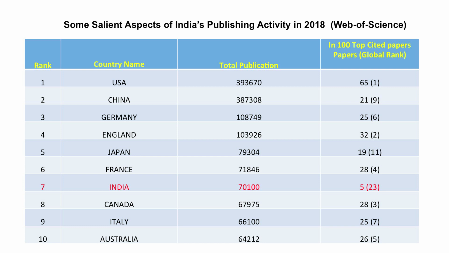On the other hand, USA has rank 1, England becomes rank 2, and China becomes rank 9. That means India is producing a very high amount of research output, but we have to also see that in papers of high citations we are not in the top 10 or the top bracket.